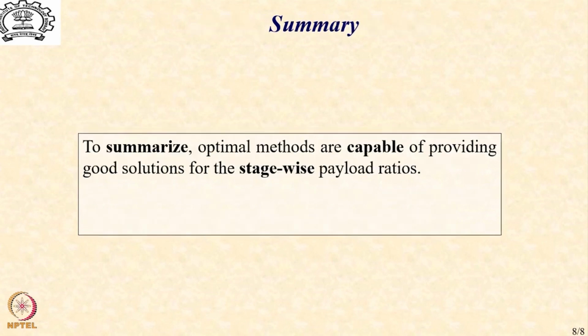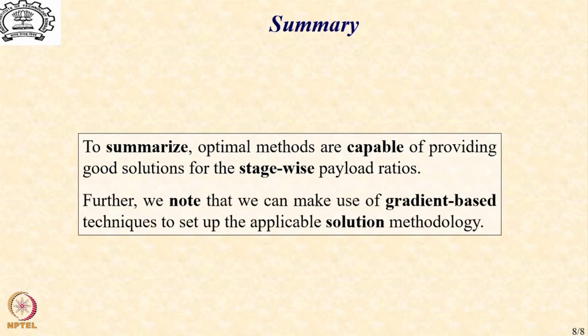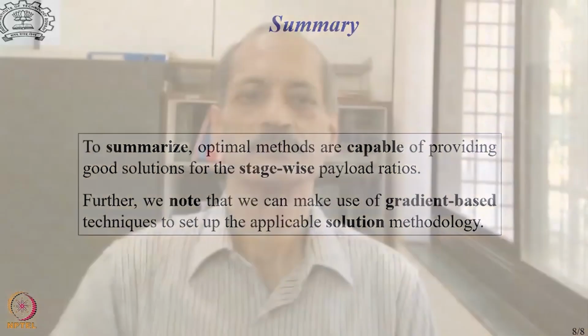So to summarize, we have just noted that optimal methods are capable of providing good solutions for stage-wise payload ratios. We have also noted that we can make use of gradient-based techniques to set up the solution methodology.